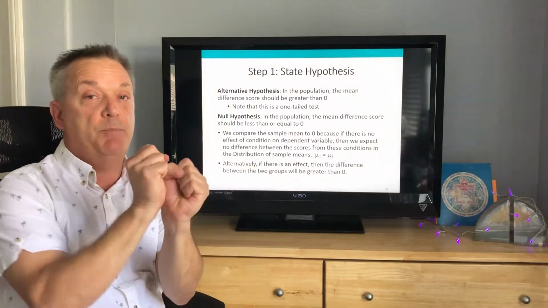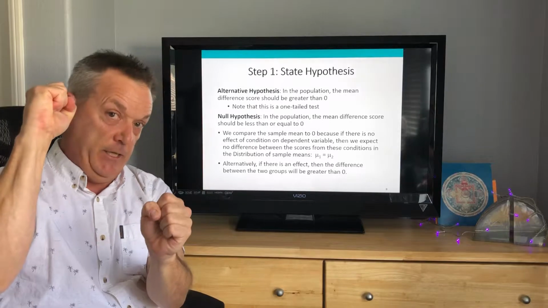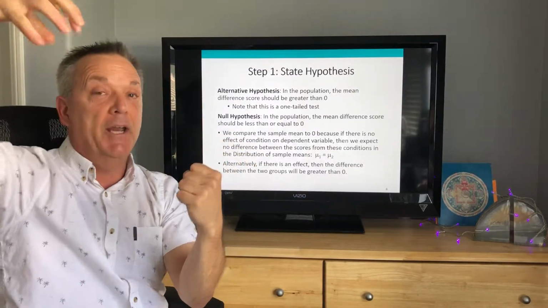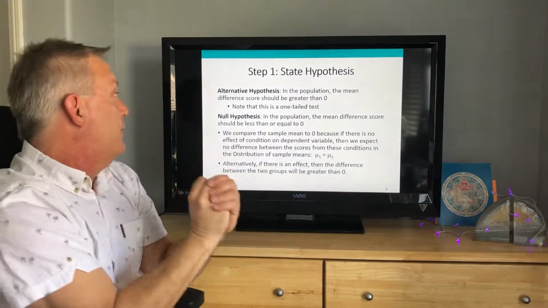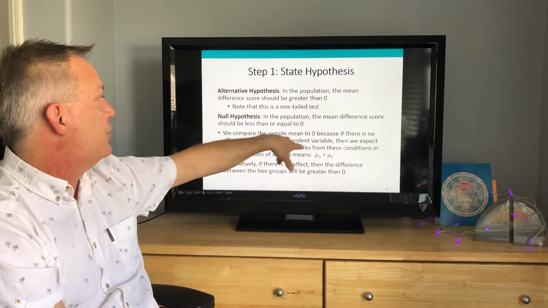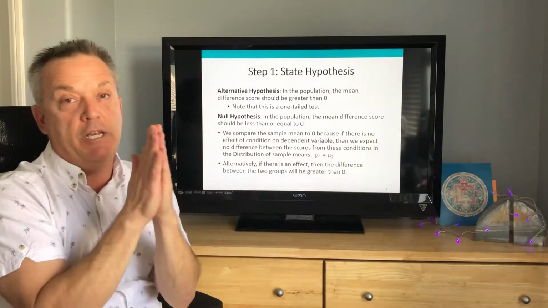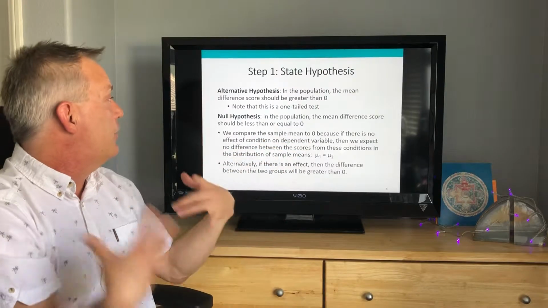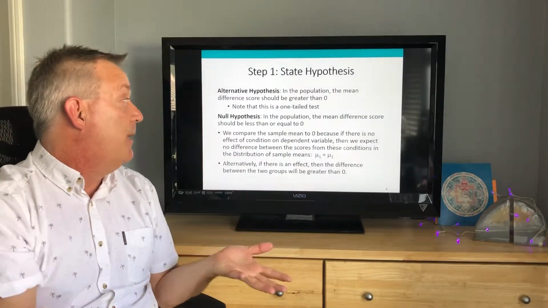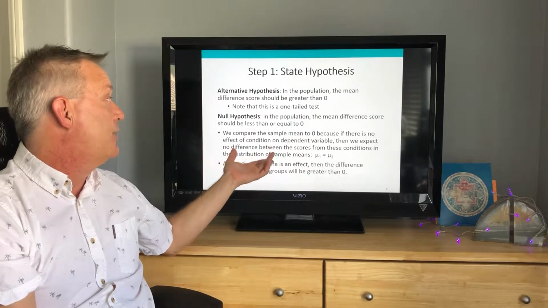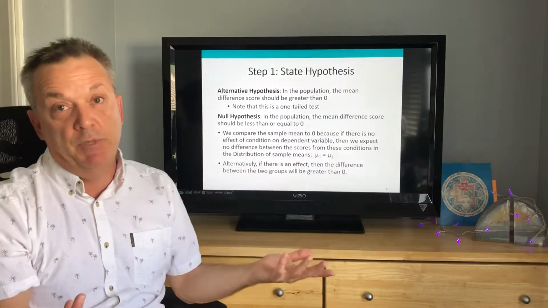We expect that when we subtract the fortune-telling environment from the lab environment, we're going to have a positive score greater than 0. And the null hypothesis is that in the population, the mean difference score should be less than or equal to 0. We compare the sample mean to 0 because if there's no effect of condition on the dependent variable, then we expect no difference between the scores from these conditions in the distribution of sample means.